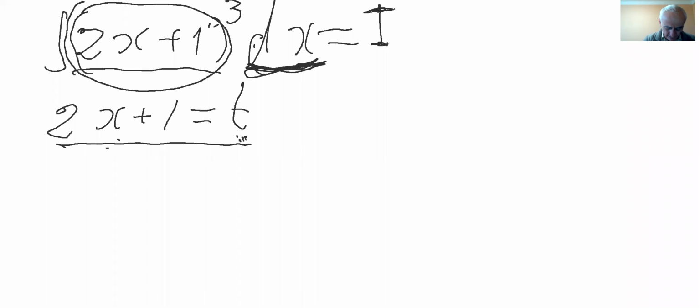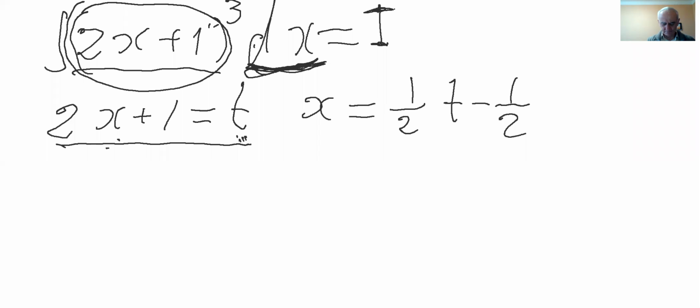Let's solve for x, and x from this equation is going to be 1/2 times t minus 1/2. Does everyone agree with this?